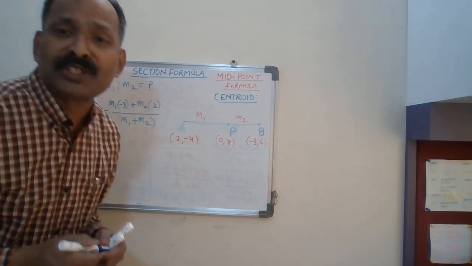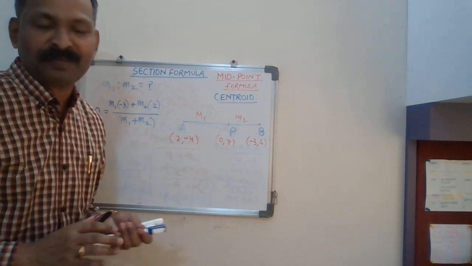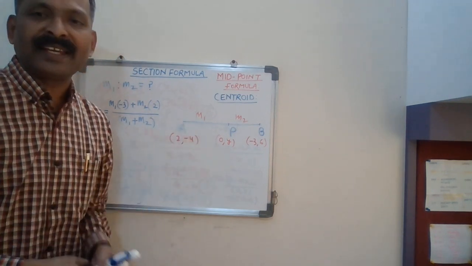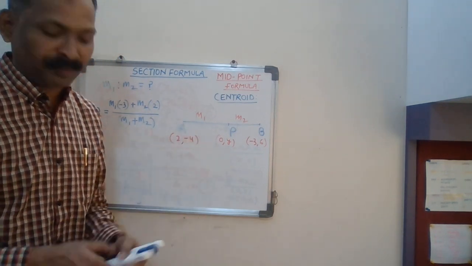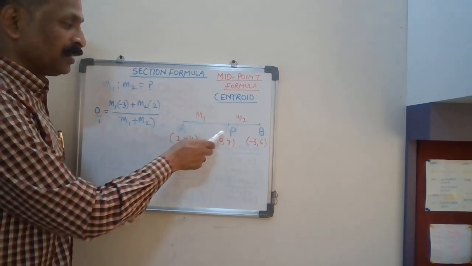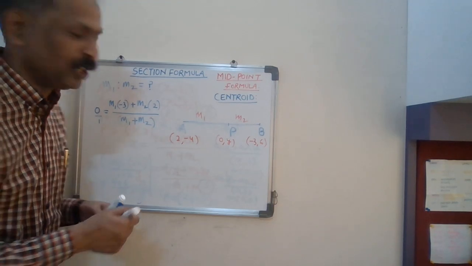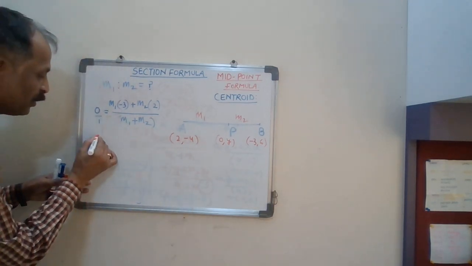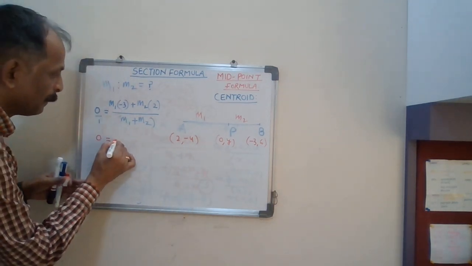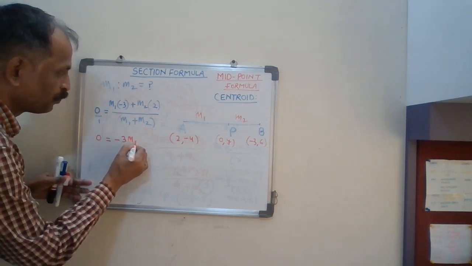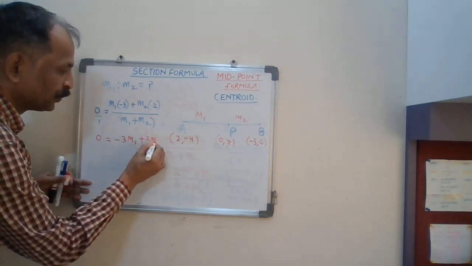That is why I call it zero formula. Use zero formula. So whenever any point is given on y-axis, x-axis, zero formula comes in. Sometimes they may give you it lies on origin. So you take both coordinates zero, that time you can apply any one. So now it will become zero equal to minus 3m1 plus 2m2.